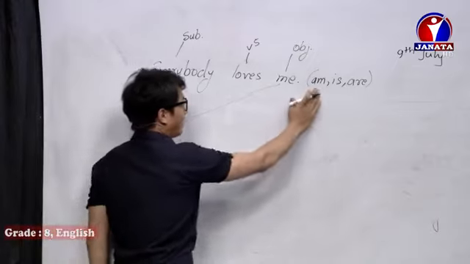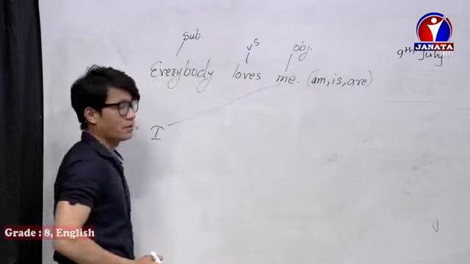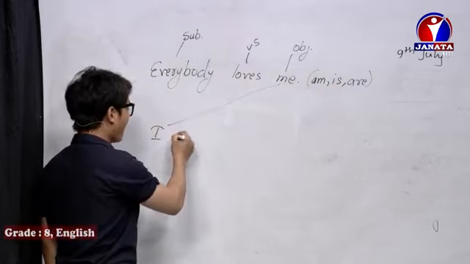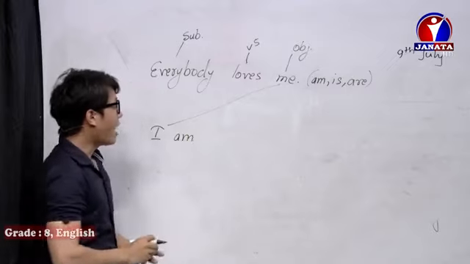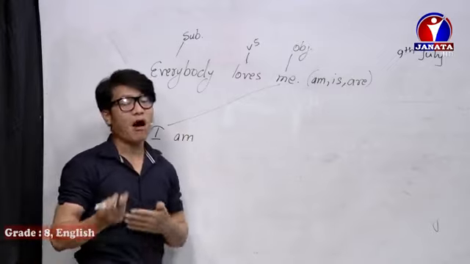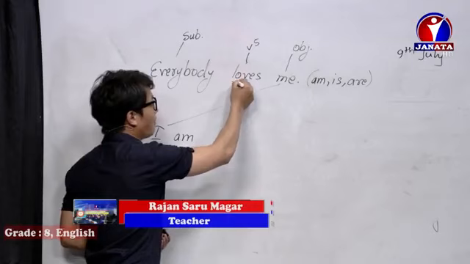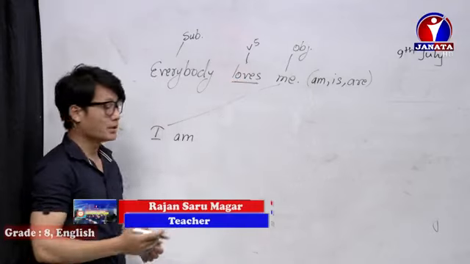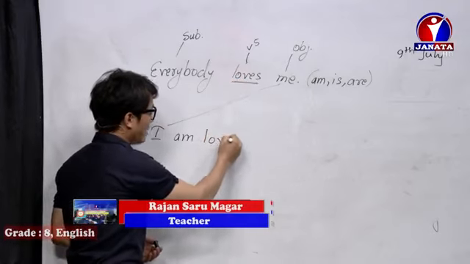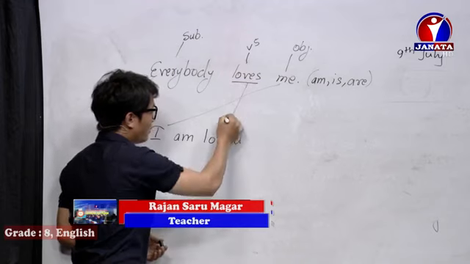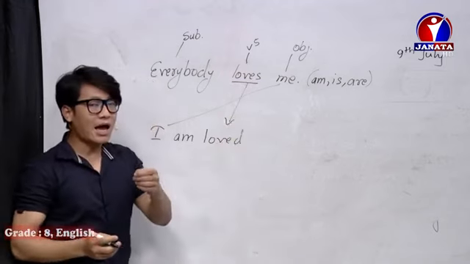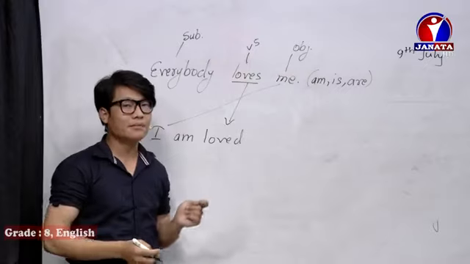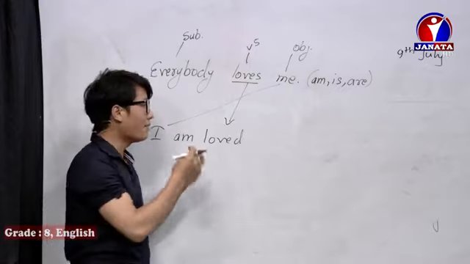So I take... which verb? Obviously, I take am. I am. Now it's time to write verb 3. What is the verb 3 of loves? Loved. And I had told you that a vague subject is not written in passive voice.